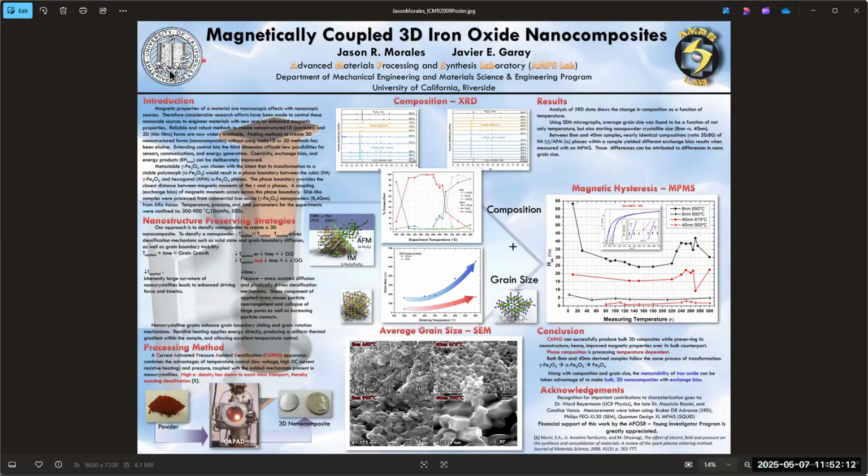I put the emblem of the University of California, Riverside with this icon that I made for our laboratory. We were called the AMPS Lab. I used 3D software for that, by the way. And you can see that I structured this in 3 columns, and I was trying to tell a story with this.